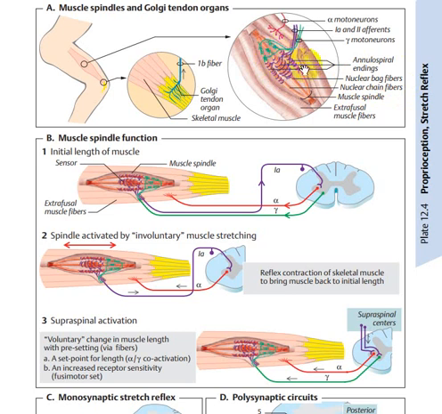Both the nuclear chain and nuclear bag fibers have the IA, and the nuclear chain also has the II afferent neurons. Afferent neurons are the neurons that are taking sensation from the peripheral part of the body to the central nervous system. So the nuclear chain contains both IA and II afferent neurons, while the nuclear bag only contains the IA.